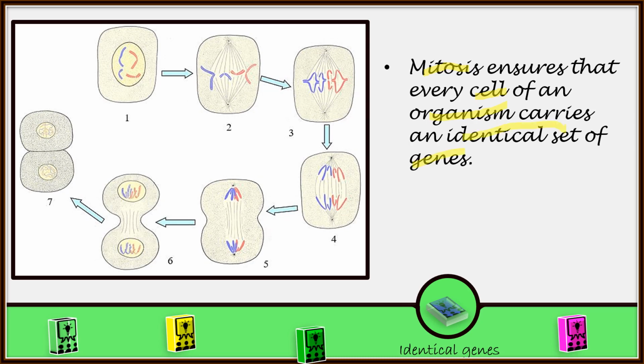Mitosis results in an increase in the number of cells, but those cells are identical, meaning that they have the same type and number of genes as the parent cell they came from.